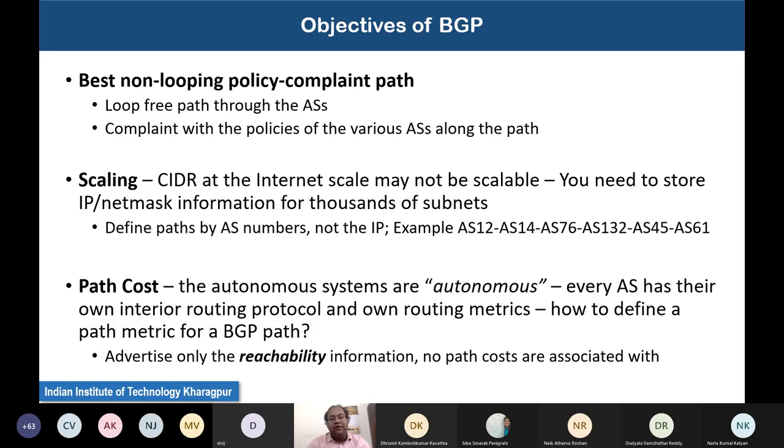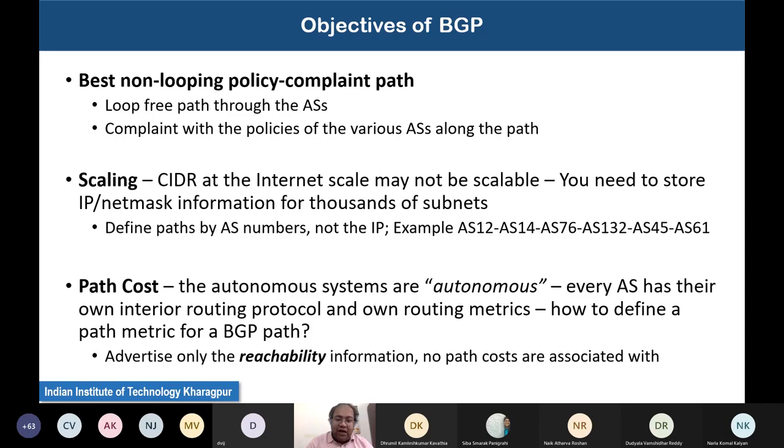That basically means that if you want to forward a packet from AS12 to AS61, you can go via this order. You can forward it from AS12 to AS14. Then AS14 can forward it to AS76, then AS76 can forward it to AS132, then AS132 can forward it to AS45, and finally AS45 can forward it to AS61, which will take care of finally delivering the packet to the corresponding subnet based on its intra-domain routing protocol.